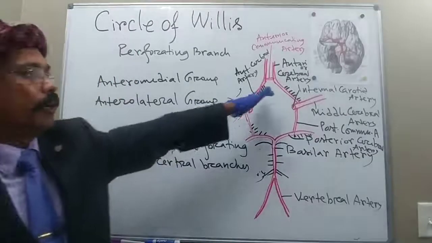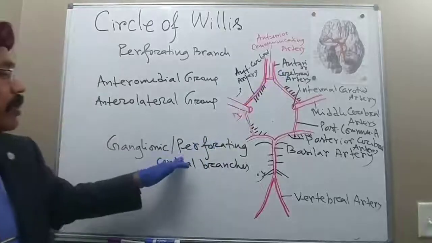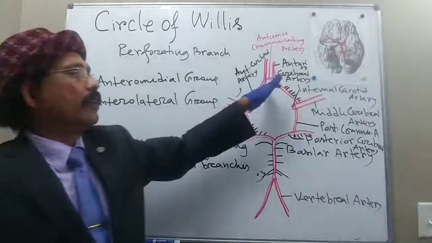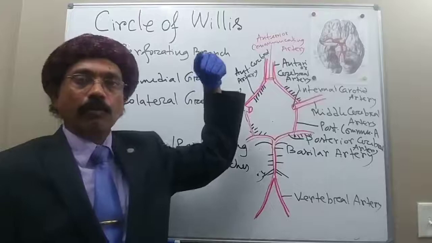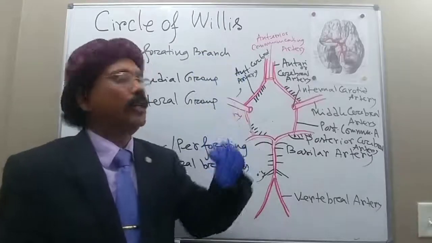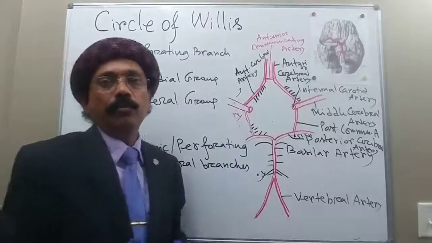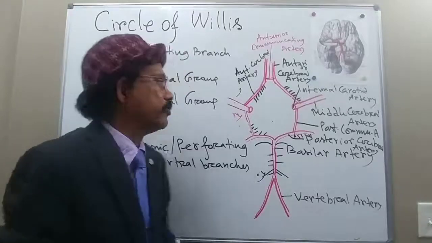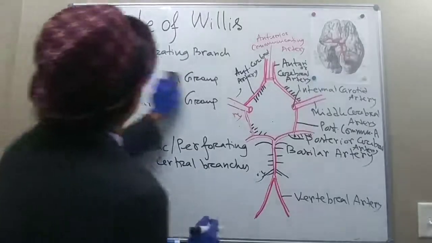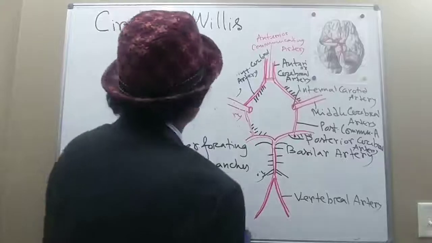So it depends on where the perforating branches are. These have no anastomosis. They go inside the brain substance, and if they are damaged, there is no collateral or compensation. Okay, we got the perforating branches.